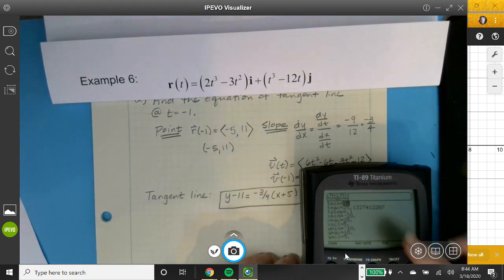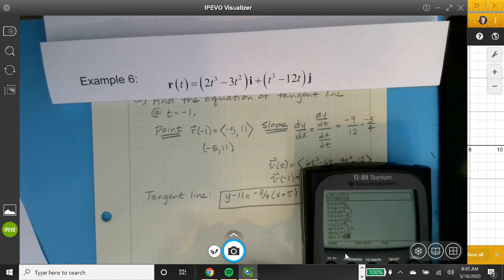So let's see, because this is, I think, way too big. So we're going to start at 0 and we'll go to 20. And t-step is fine. I'm going to make this -5. And then we'll make x max 20. That's fine. And then y min and y max.